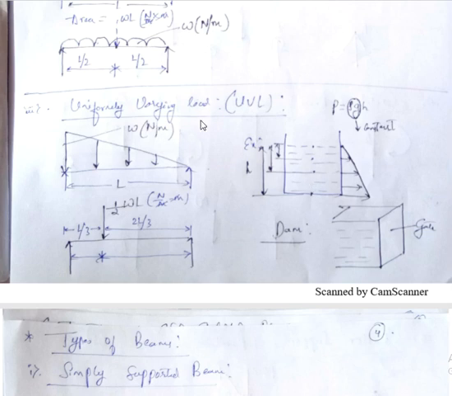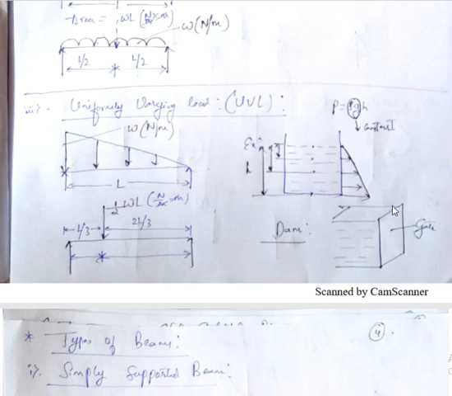Another good example is a tree branch, which tapers along its length. If we consider the self weight of the tree branch, the weight will be maximum where the branch is attached to the main branch, and as we move towards the right, the diameter of the branch reduces and the weight will be minimum.